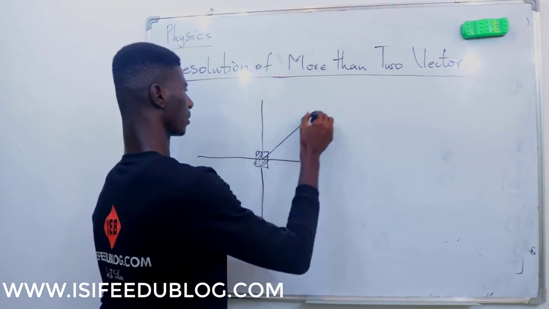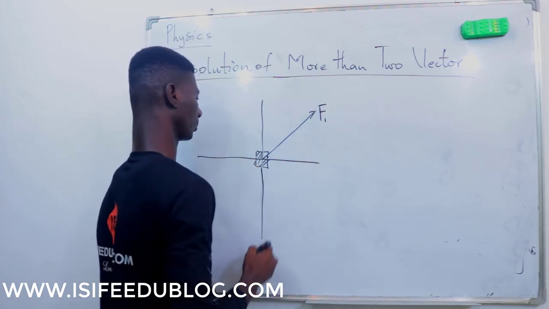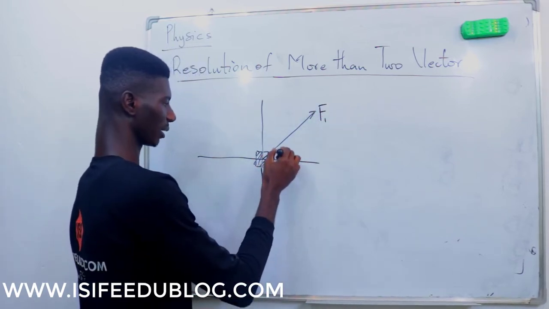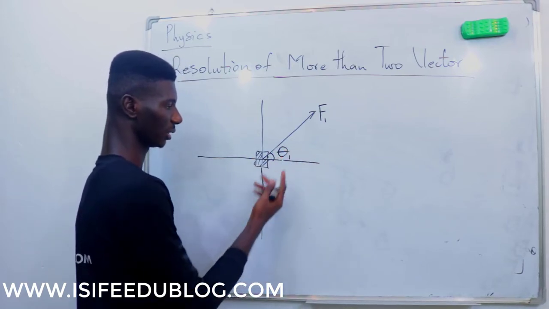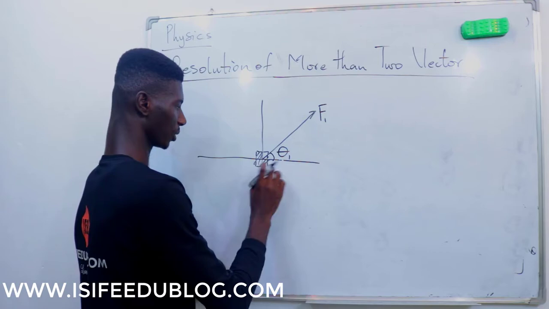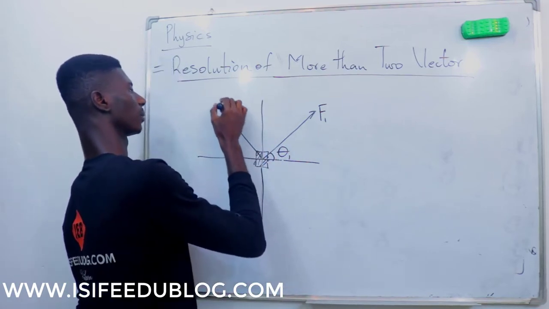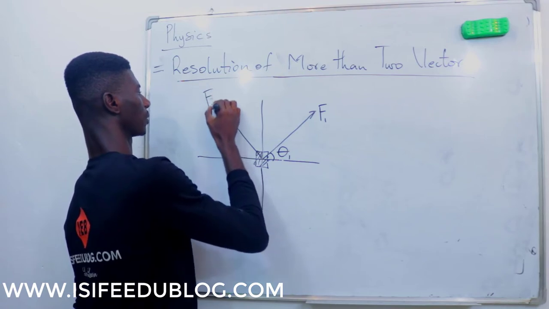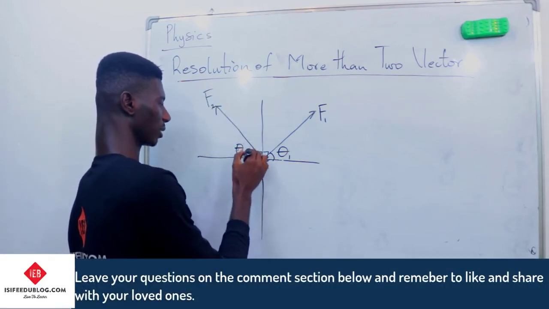And we have so many forces acting on this particle. We have this force, let's call it F1, with a direction θ1. Watch the direction very clearly. It is the one it's making with the horizontal line. We have another force, F2, making a direction θ2.